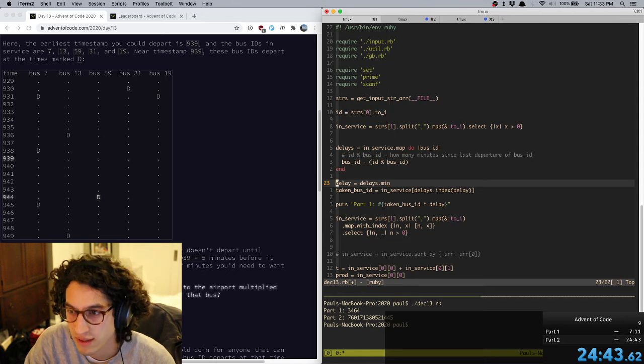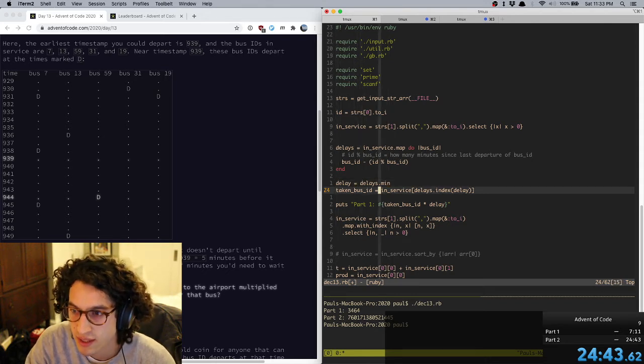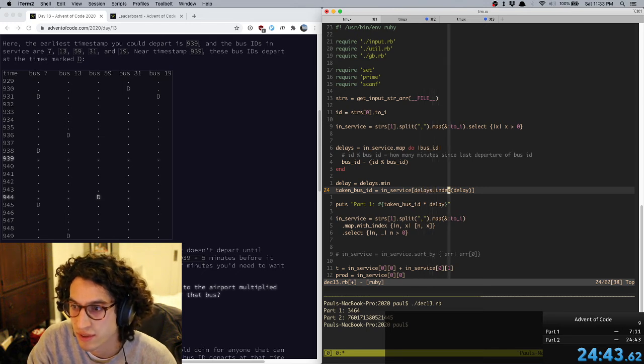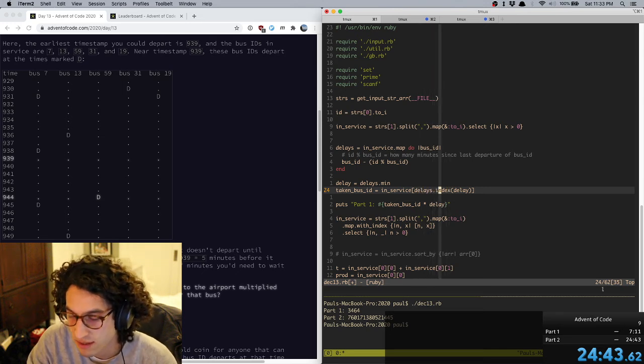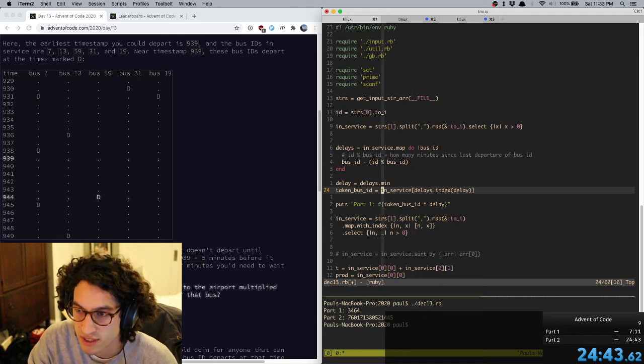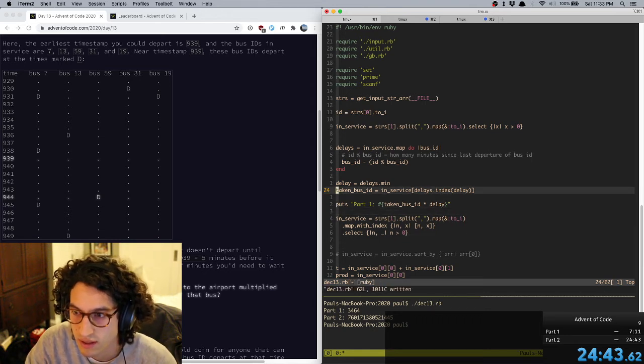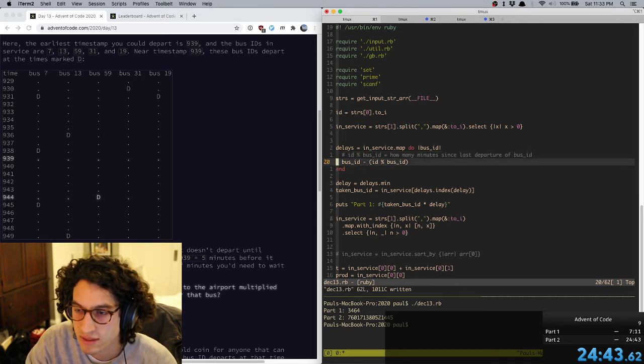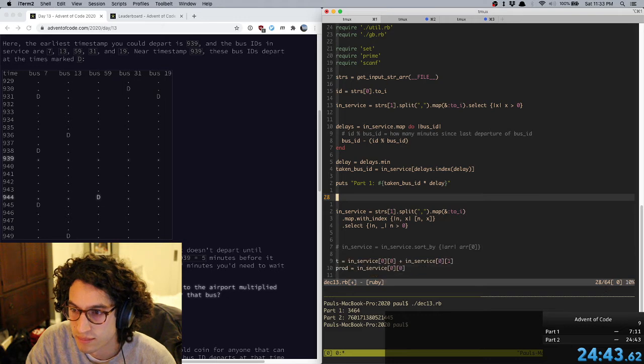So then the delay is the minimum delay, and the bus that you take is the index into the delays, and then you look that up in service, which is the buses, and that's the taken bus ID, and then you multiply those two together. Yeah, that makes sense. Cool.